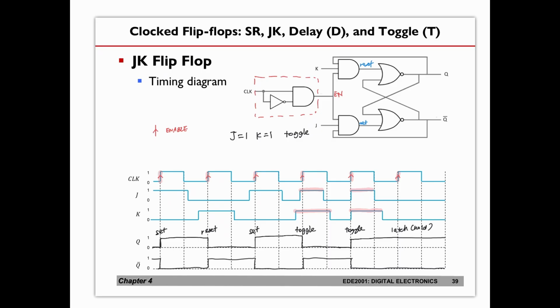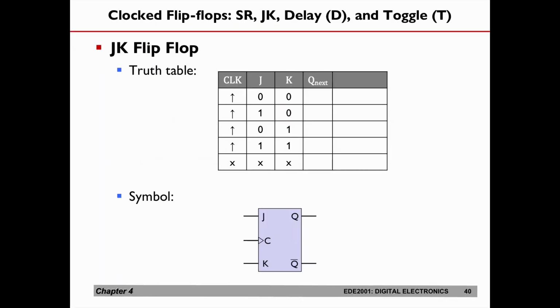So when J equals 1, K equals 1, you go into the toggling mode. Your Q just keeps on changing, switching. So what we have here for the truth table is this. On the positive going up clock cycle, when J is 1, K is 0, we go into the set mode.